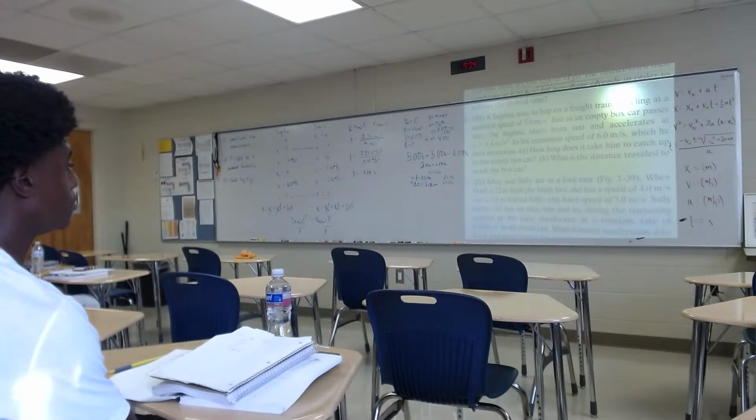So they do the same math I did, and they get an answer of 7.1. Okay, but the first thing they did is they figured out how long it takes the fugitive to accelerate to 6 meters per second.